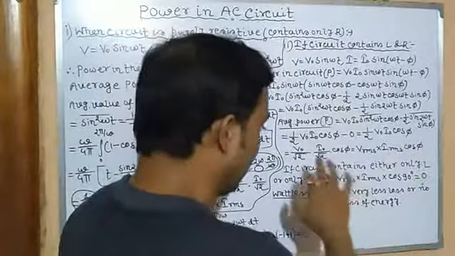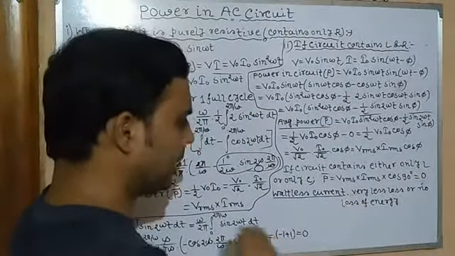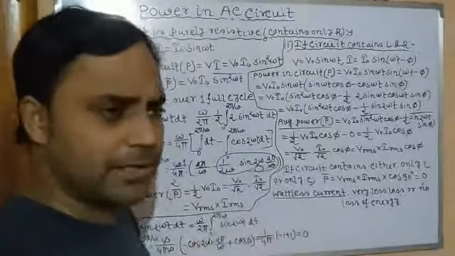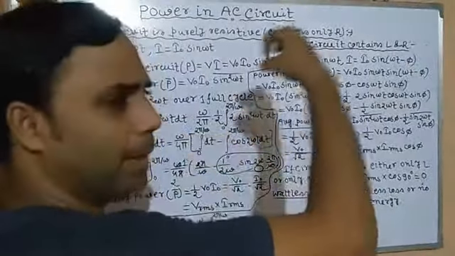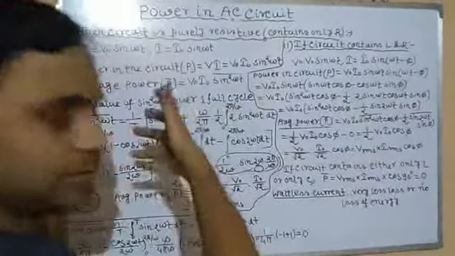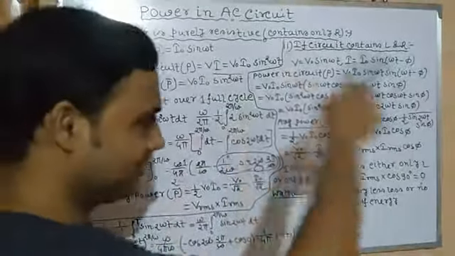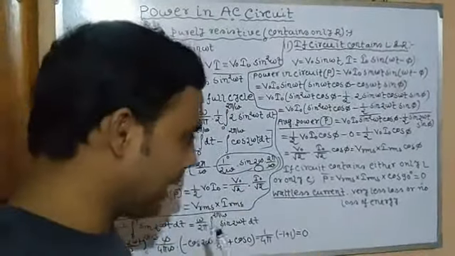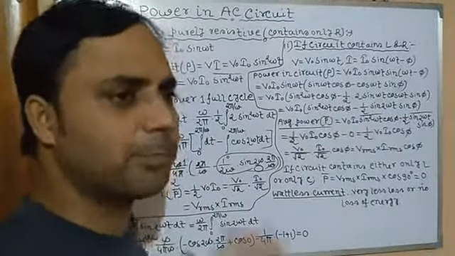So because there is only L or C, there is no power loss, no loss of energy in the form of heat. It means in this case, the circuit takes the power from the source, then at the end it returns the power to the source, isn't it? So there is no loss of energy. Clear? Generally we lose power, we lose energy in the form of heat, and that is called power dissipation or power loss.